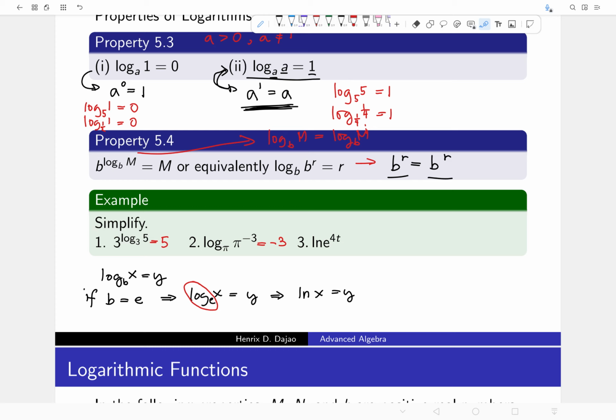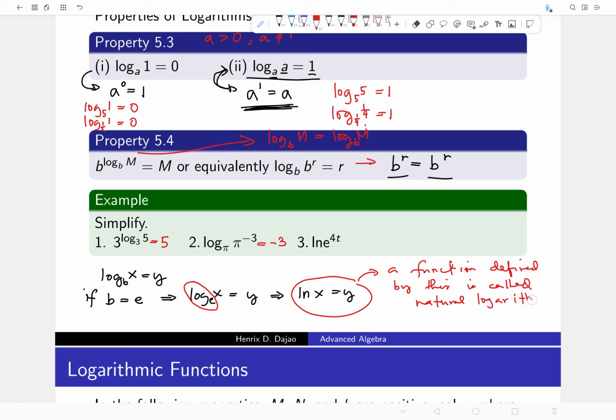So now the function defined by ln x equals y is called the natural logarithmic function.